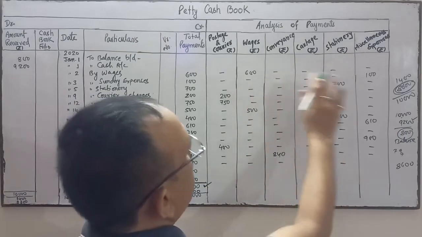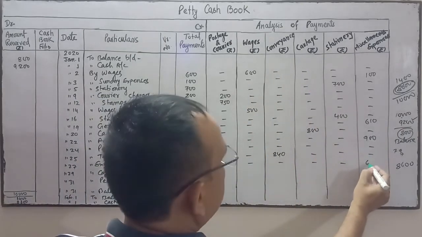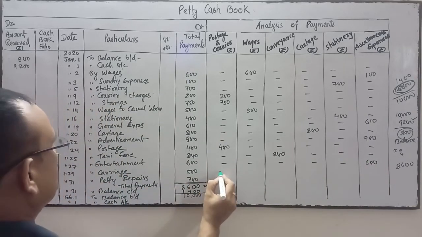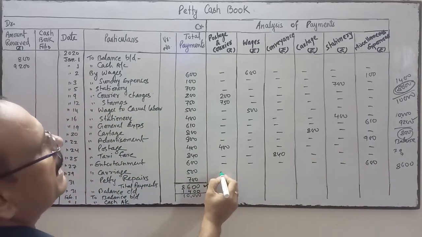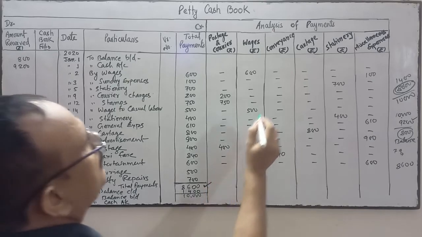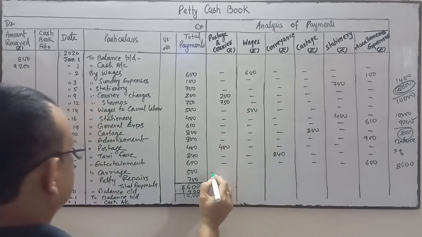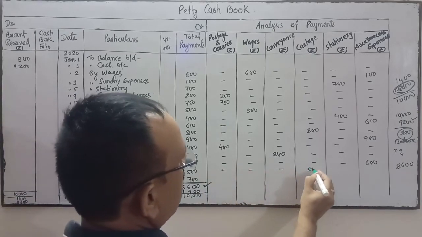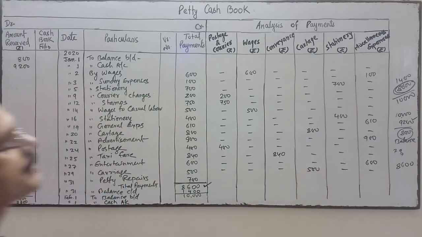There is no column for entertainment, so this will be in the miscellaneous. Next is carriage. Carriage will be in the carriage and cartage column. Here, carriage and cartage, 500.